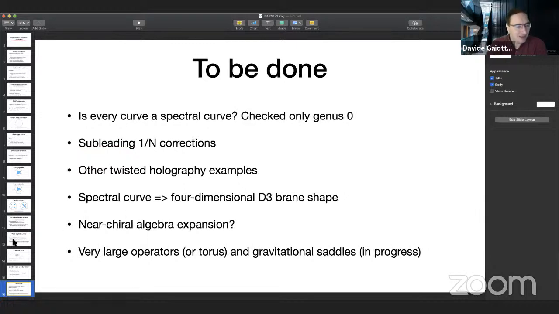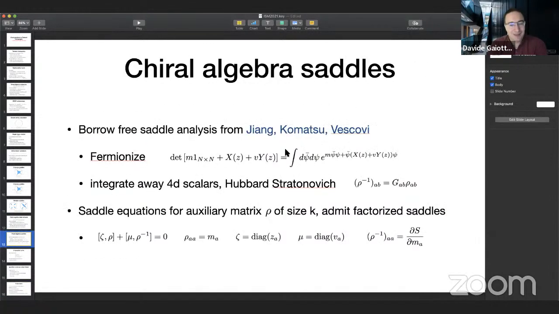I should say that, by the way, the 1/n expansion around the saddles lives in the general umbrella of the Hooft expansion, but it's not the standard Hooft expansion. So I would like to understand a little bit better how things work.